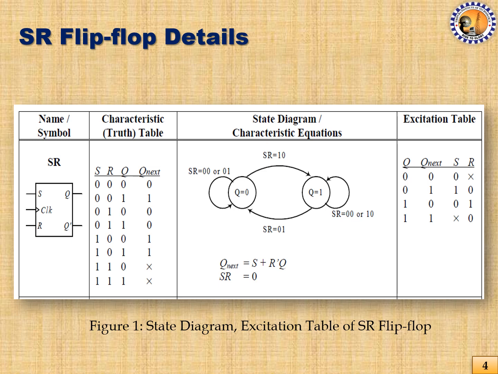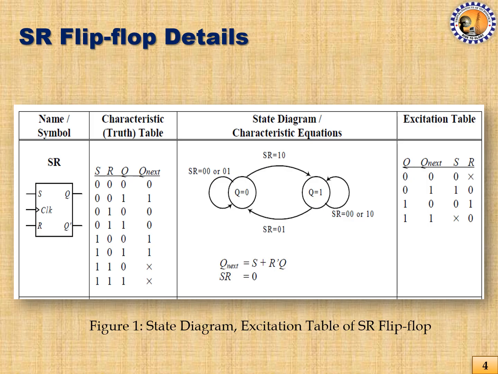Finally, we will arrive at this. And since we do not want the forbidden condition to appear at the input, which is ensured by the second expression, these two Boolean expressions together are called the characteristic equation for the SR flip-flop.